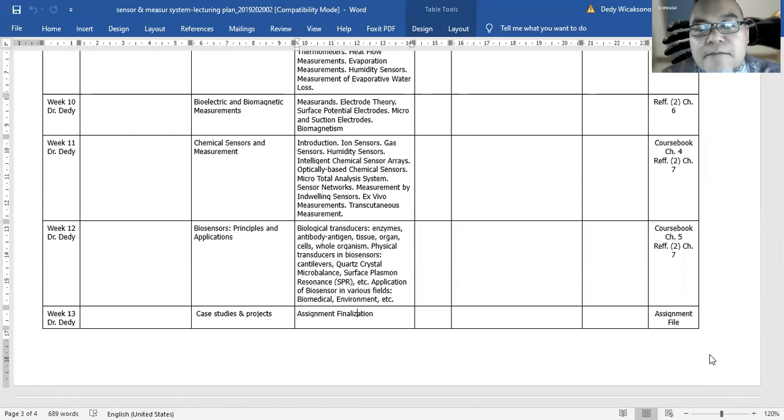We can use enzyme, antibody or antigen sensors, tissue sensors, organ-based sensors, cell-based sensors, or even a whole organism as the biosensor. And they are combined with physical transducers that we have learned in the previous chapters, like the cantilever, quartz crystal microbalance, surface plasmon resonance, etc. And then what are their applications in the biomedical environment.